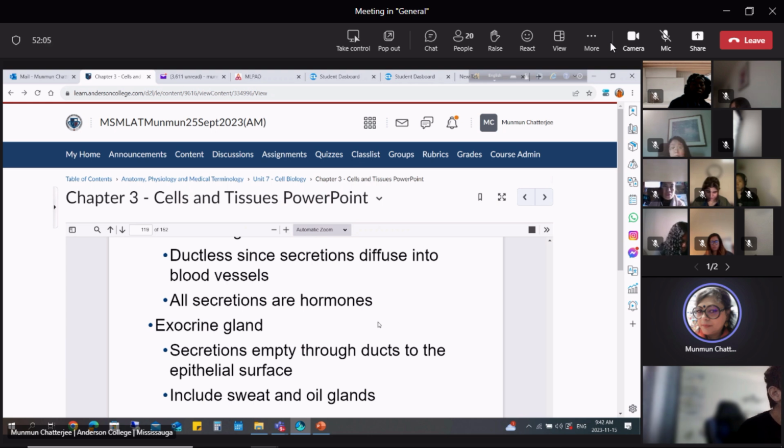Now, exocrine glands. When the gland secretes its secretion through a duct to the epithelial surface, that is called an exocrine gland. It produces the secretion and then the gland secretes it into a specific area through the duct.